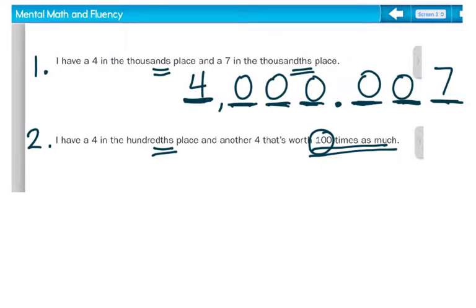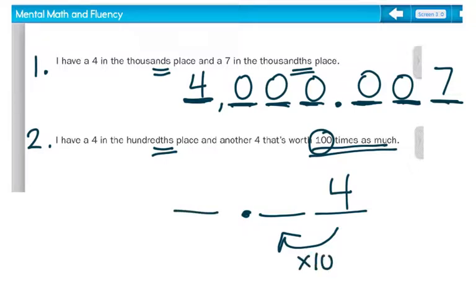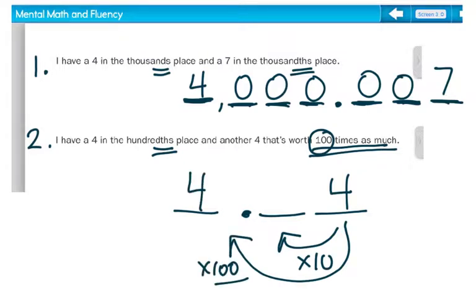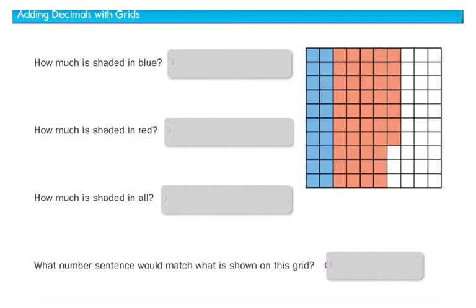I have a 4 in the hundredths place, and a 4 that's 100 times as much. Remember, each time we move to the left, it's 10 times greater. So 1 place would be 10 times, 2 places would be another 0, 100 times. So 4 and 4 hundredths.